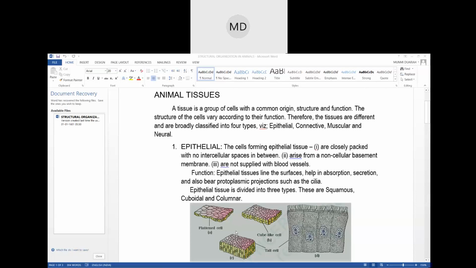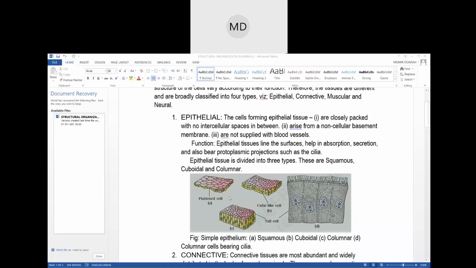This is the structure of epithelial cells. And epithelial tissues are of three types: squamous, cuboidal and columnar. This is the squamous, it is flat, that is why it is squamous.